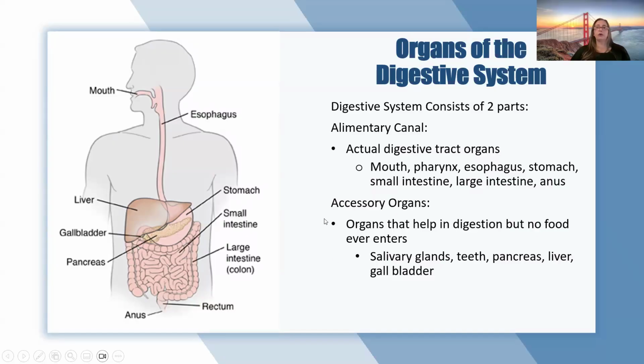The other part of the digestive system is the accessory organs. We have salivary glands and our teeth that we chew with, our pancreas that secretes insulin, and the liver, which cleanses the blood, but also excretes bile through the gallbladder into the small intestine that helps process and digest fats.